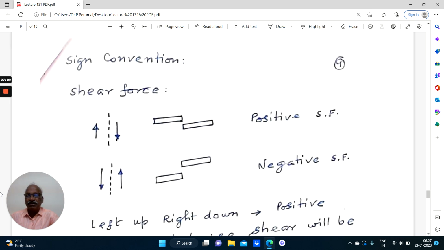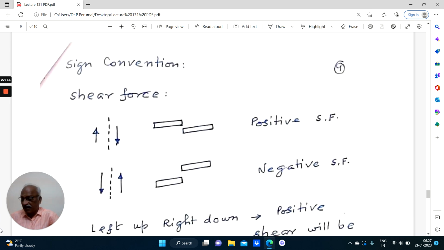Right. Now coming to sign convention. Sign convention for shear force: left up, right down is positive. This is the section of a beam. Left up, right down is positive. Similarly, left down, right up is negative. Positive shear force, negative shear force.